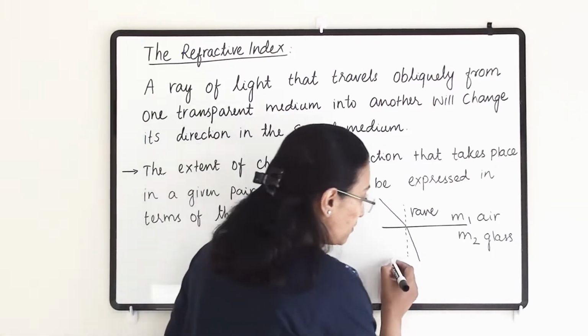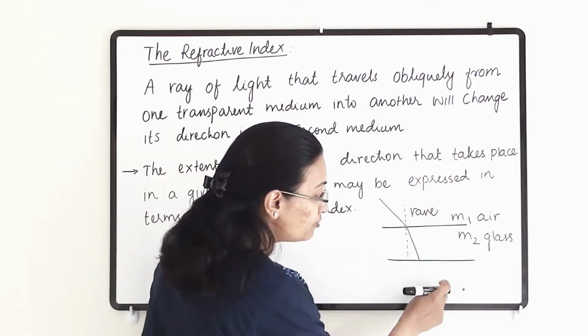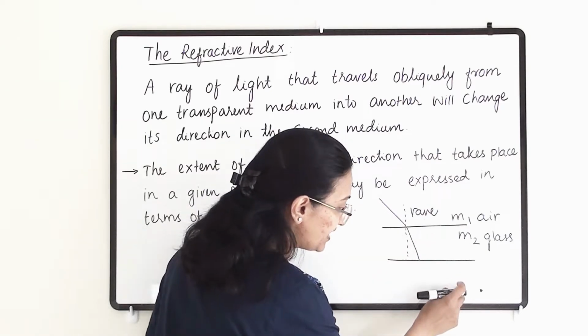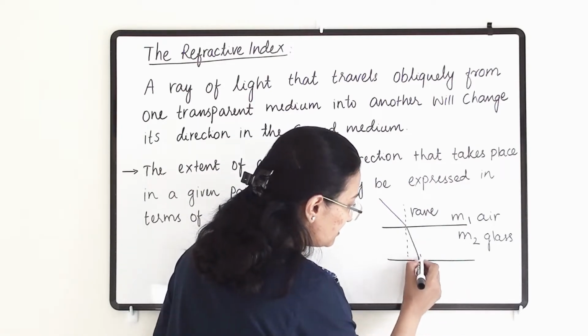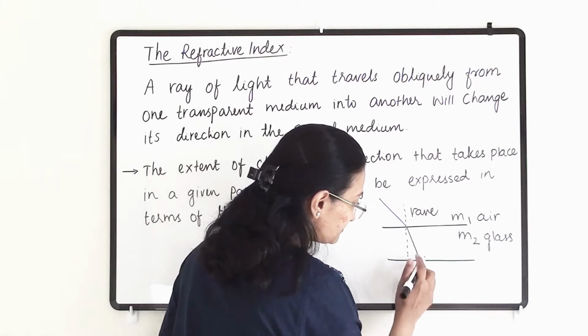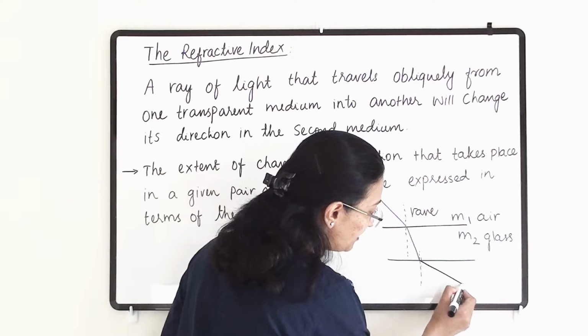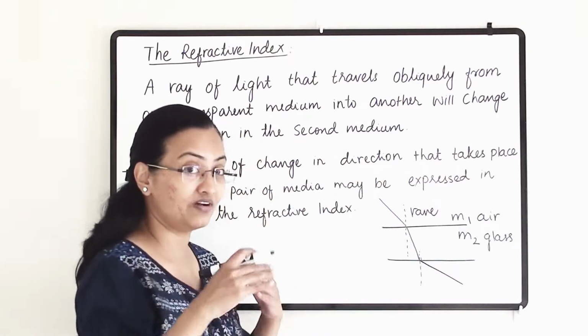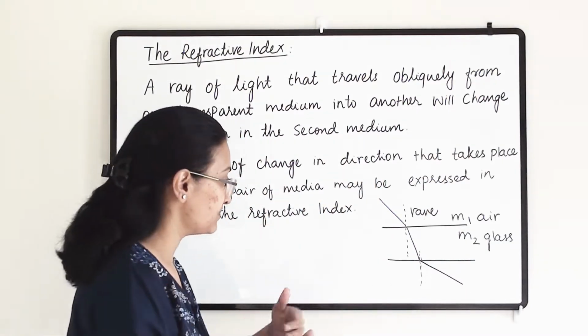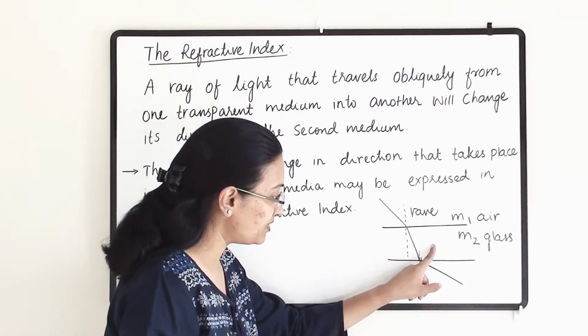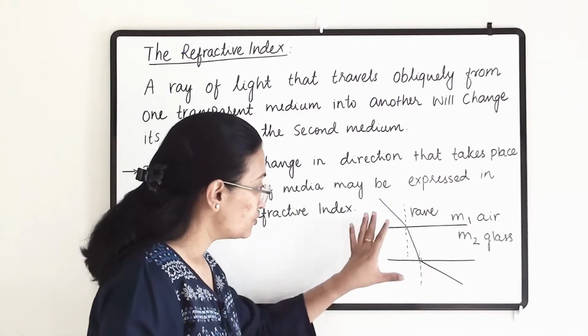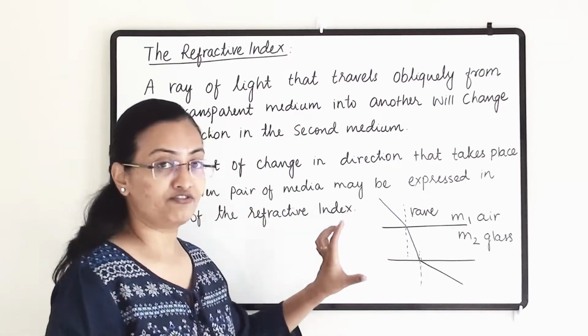And again, when it goes out from the denser medium to the rarer medium, with the normal here, it will move away from the normal like this, because again its speed will increase. So this is refraction.